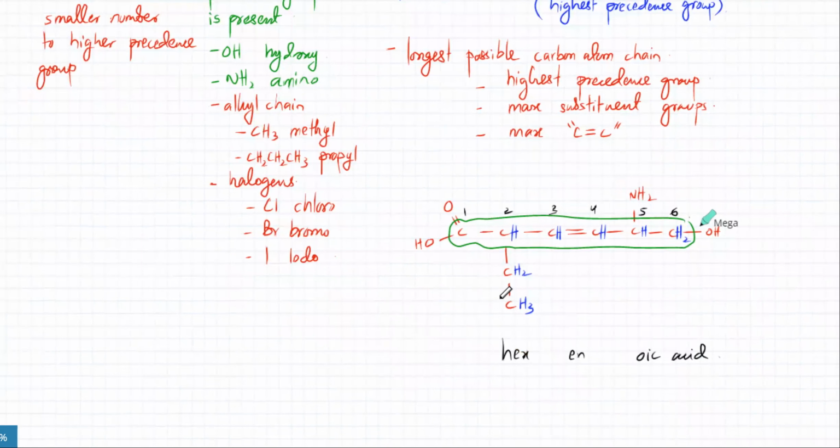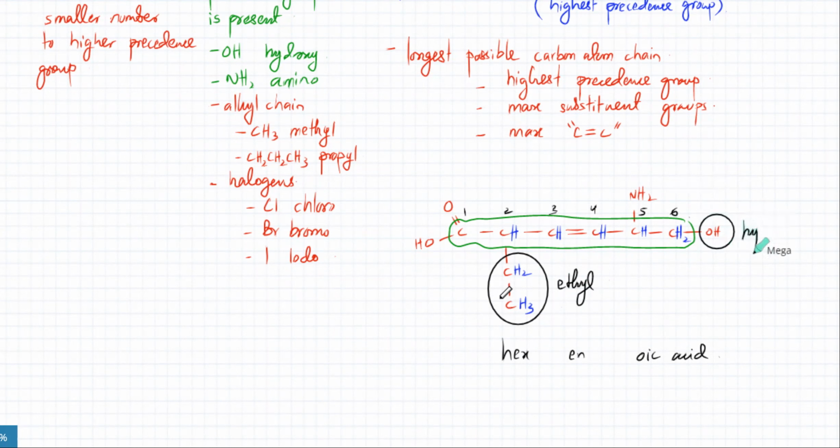The other things are now considered branches. This one is a carbon branch. What do you call this carbon branch? What's the name for this? Ethyl. Okay, that's 2 carbon atoms, so it's eth with a yl at the end. And I've got a hydroxy, and I've got an NH2 as well. That's an amino group.